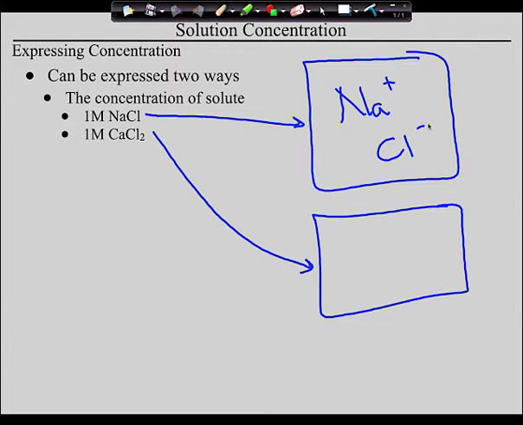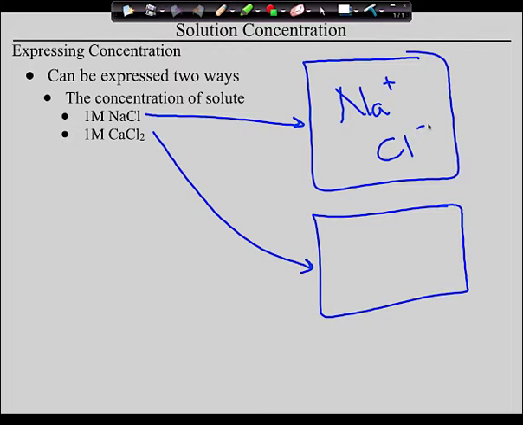In a 1 molar solution of NaCl, if you don't have any NaCl, this is actually not correct, right? There is no such thing as a 1 molar NaCl solution, because if you have a 1 molar NaCl solution, you ain't got any NaCl.